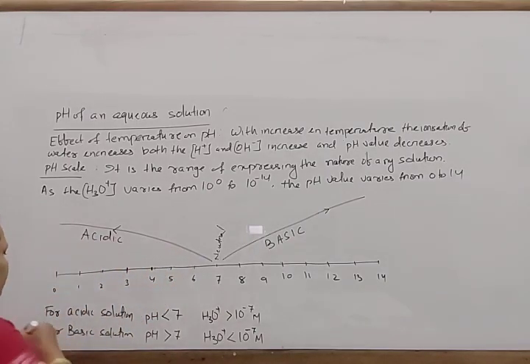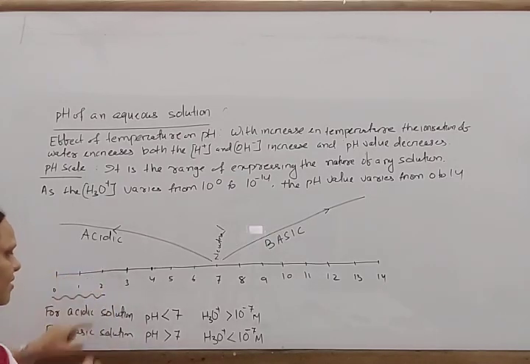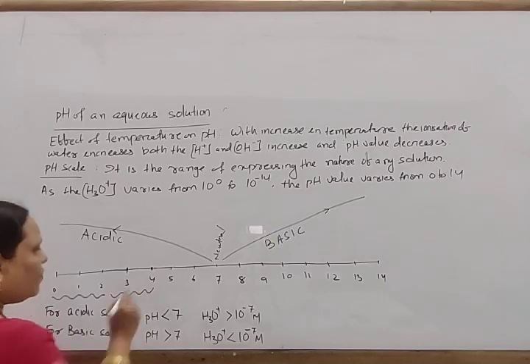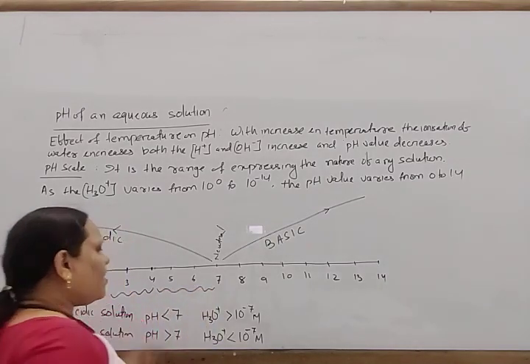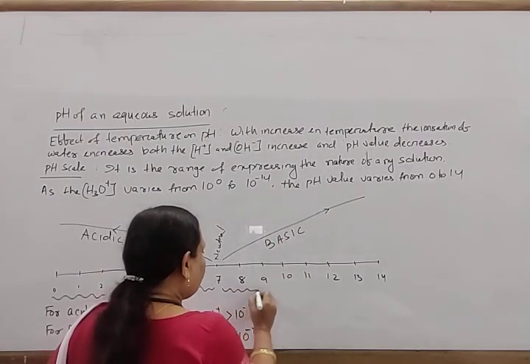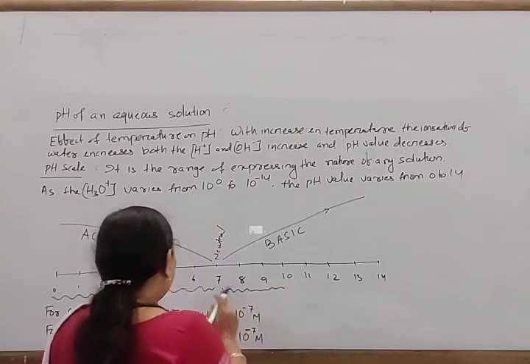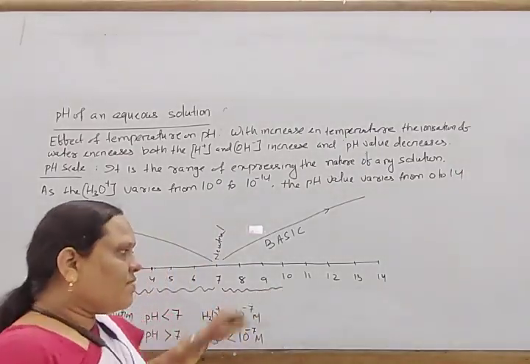That means if the value is found between 0 and 2, that is strongly acidic, between 2 and 4, moderately acidic, and between 4 and 6.99, weakly acidic. Similarly, between 7 and 10, this is weakly basic.